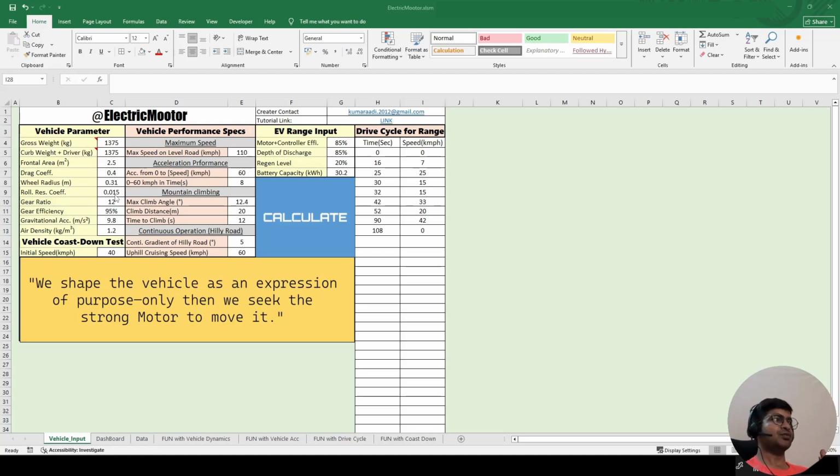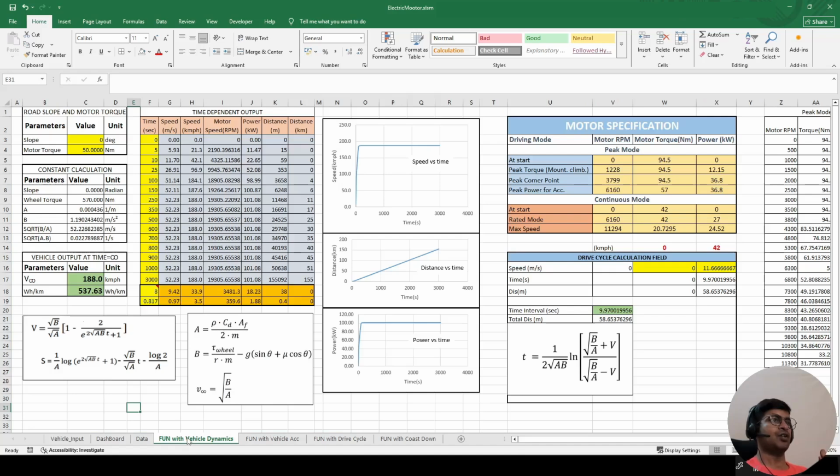Just to show you, let's say right now the rolling resistance coefficient that I have is 0.015, and I put the motor torque at 50 Newton meter. The vehicle speed I now get is 188 kmph, and the watt hour per kilometer is 537.